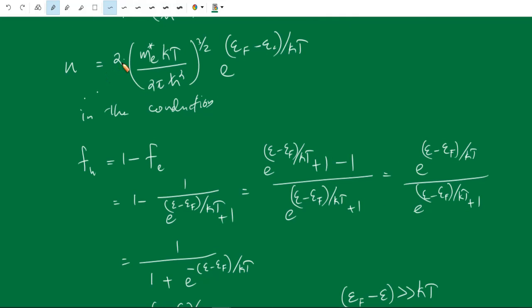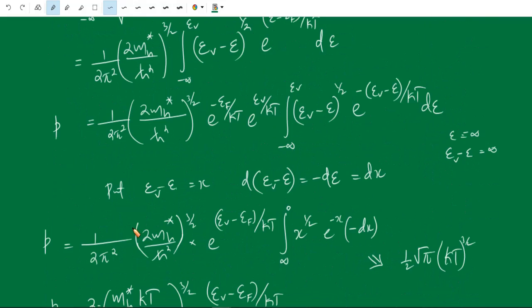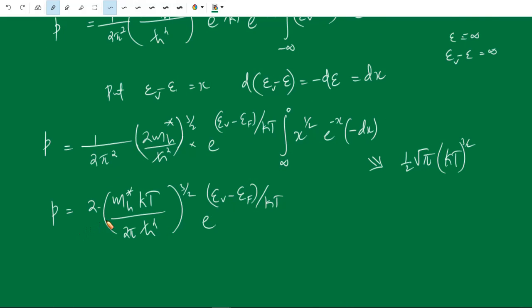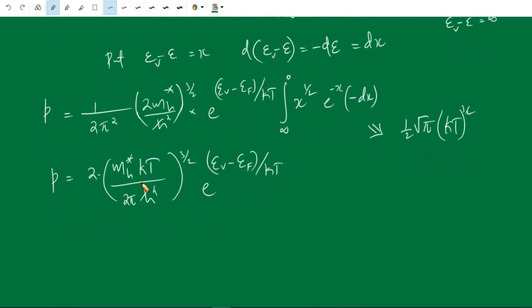And the previous result, the electron concentration in the conduction band, is 2 into (me star kT by 2 pi h cross square) whole raised to 3 by 2, e raised to (Ef minus Ec) by kT. Here the hole concentration P is equal to 2 times (mh star kT by 2 pi h cross square) whole raised to 3 by 2, e raised to (Ev minus Ef) by kT. So this is equation number 2. The previous equation, let me put this as equation number 1.